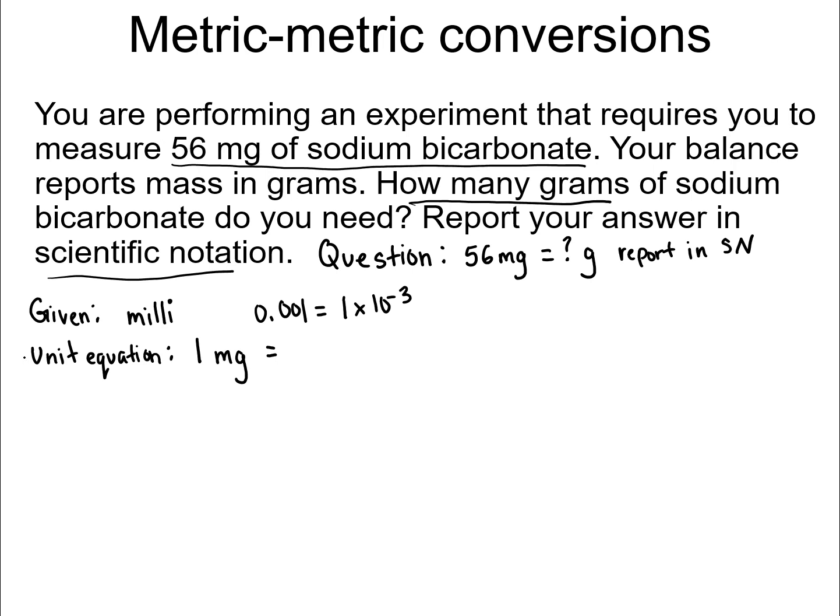Right now we're trying to write a unit equation to relate milligrams to grams. So if I have 1 milligram, I have 0.001 grams, which is the same thing as 1 times 10 to the minus 3. I prefer using scientific notation just because 1, it's good practice, and 2, you have to write your answer in scientific notation, so it helps. But both of those answers are correct. 0.001 grams is the same thing as 1 times 10 to the minus 3 grams. So that's our unit equation.